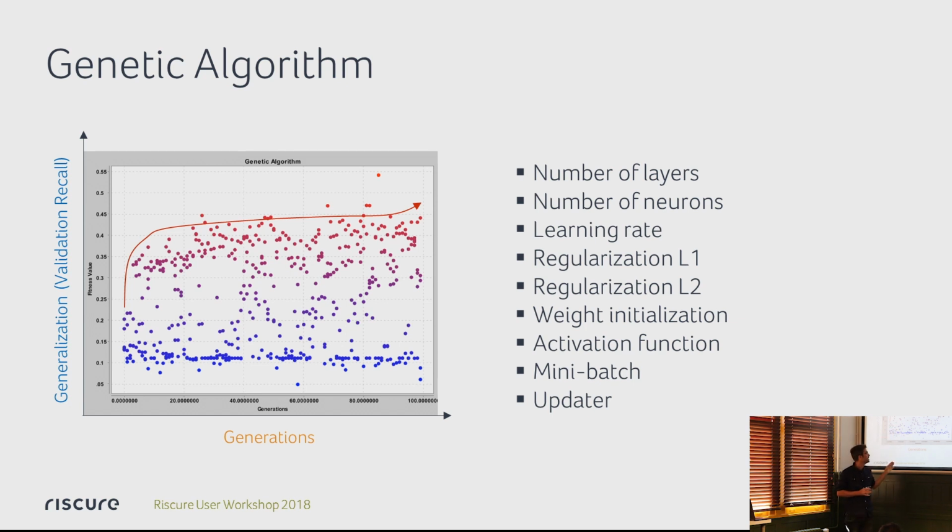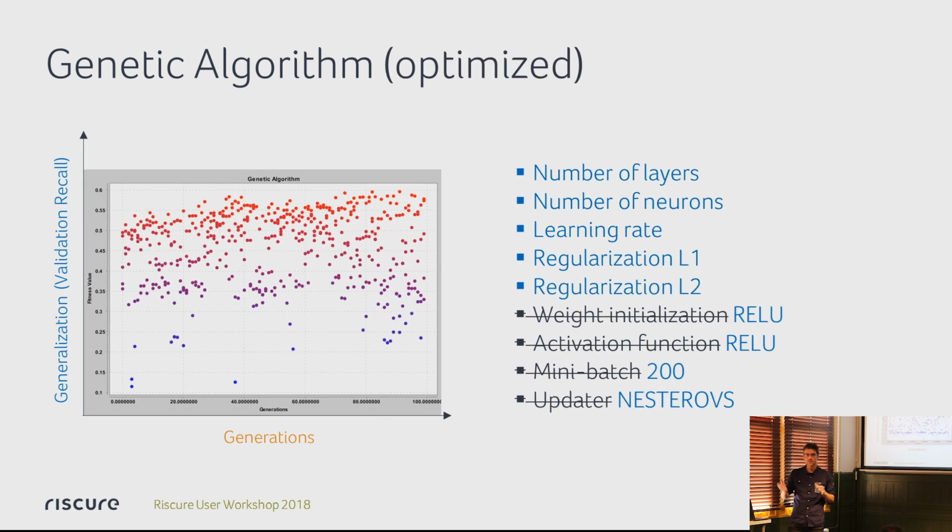It will start with very poor accuracies in the first generation, but after many trainings, it will converge to something higher. So if you just define some ranges for these parameters and then you press a button, after some time there will be a configuration that is good enough for that target.